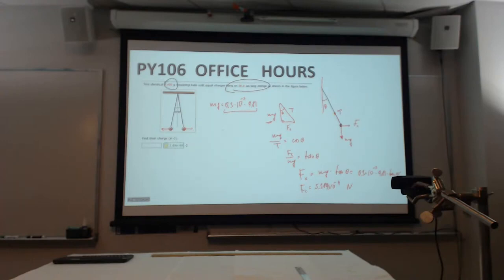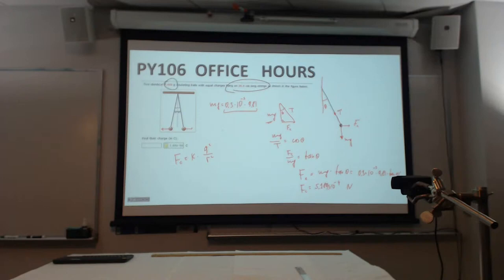Now, what did you do next? So I then set that value equal to k times the charge squared over the distance between the two squared. Exactly. So everything looks correct, and you have to solve it for the charge.